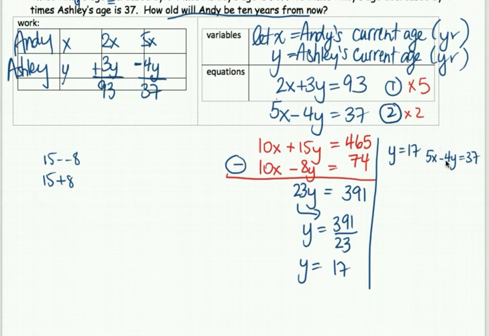So I'm going to plug it into where the y is. 5x plus 4 times the 17 equals 7. All right, put the 68.